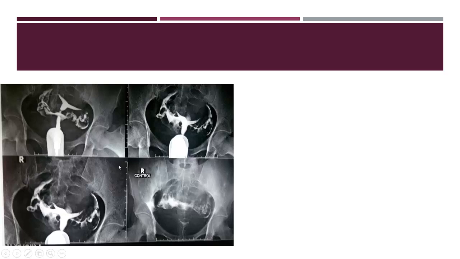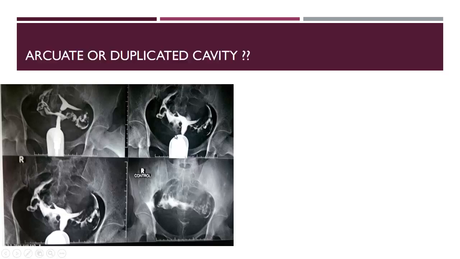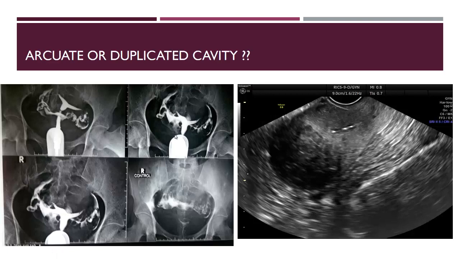What about this case? We have a uterus, and this uterus shows increased intercornual distance. There is indentation on the surface of the uterus. Is it arcuate or what? Again, when we do ultrasound, it is neither arcuate nor a duplicated cavity. It is just a fibroid in the fundus of the uterus displacing the uterine cavity downwards.